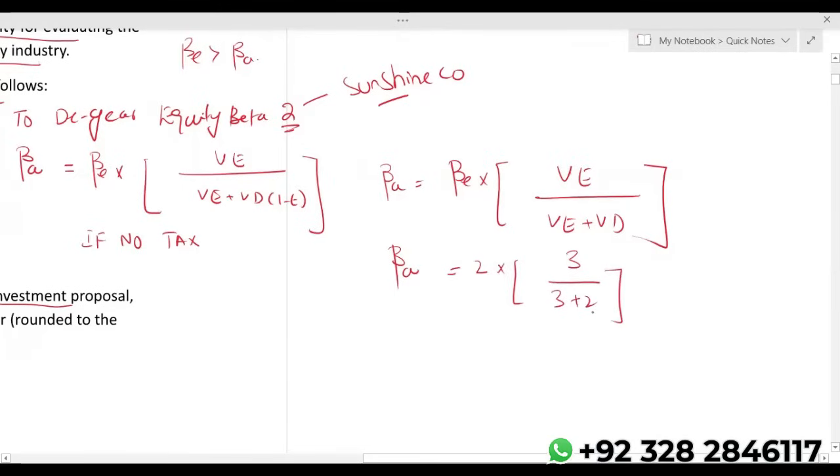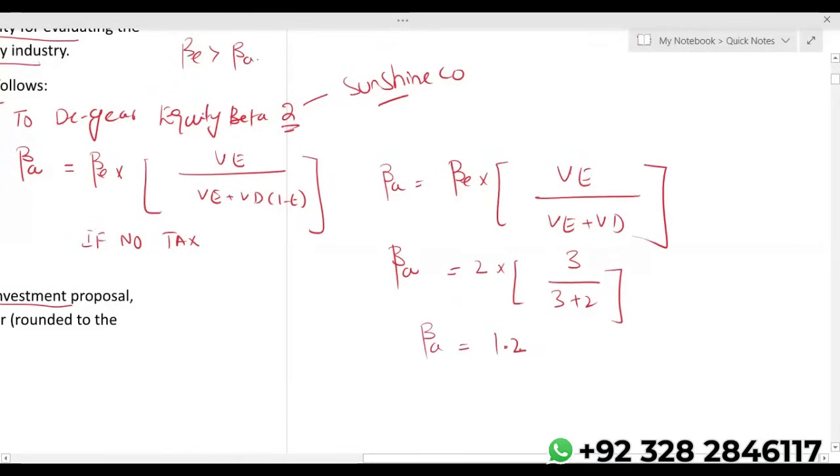So simply 3 divided by 5, I'm getting 0.6 into 2, I'm getting 1.2. So beta asset is 1.2, and logically we have calculated the correct answer. Why? Because beta asset should be lower than equity beta, and it happened here.